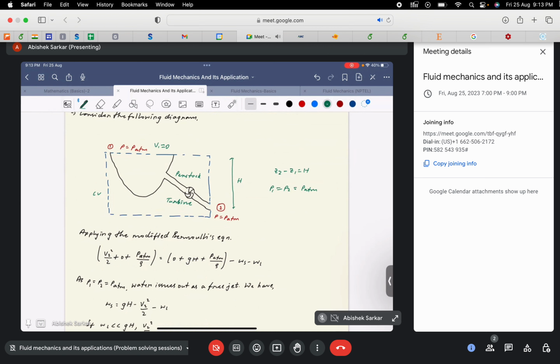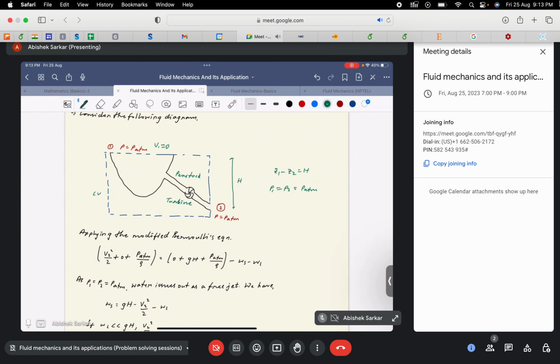So we get V2 square by 2 plus 0 because Z2 is 0, plus P atm by rho is equal to 0, since V1 is 0, plus gh because Z1 is at height h with respect to the datum, plus P atm by rho.